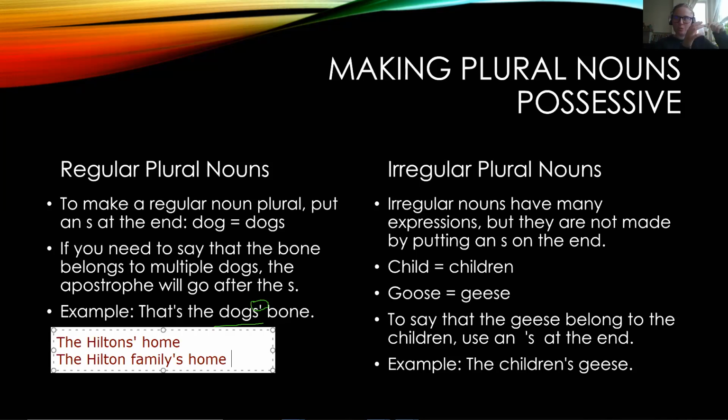But we know that there's multiple people in it and it's associated with the Hilton family. But if we're not using the word family, then this possessive apostrophe has to be connected to the Hiltons. And we know there's more than one, so we have to move it over to the outside of the S here. Yes, great example, because it can be a little tricky there.